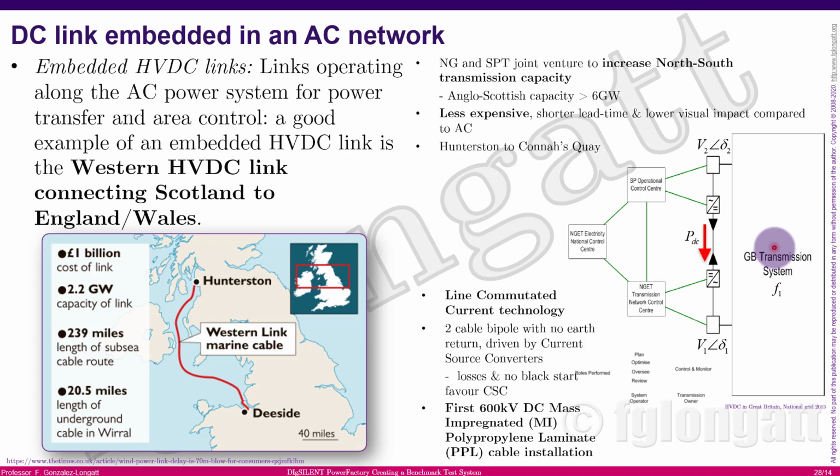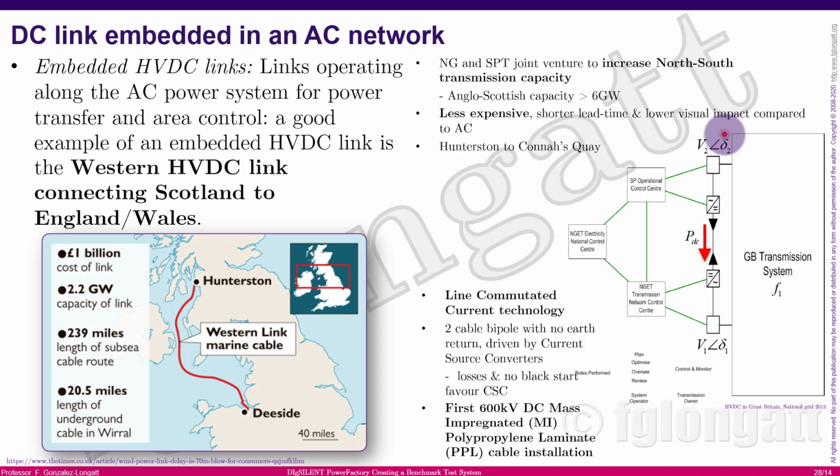This HVDC link is basically a line commutated converter. We are talking about the LCC technology that is moving the power using a very specific DC undersea cable between the Hunterston substation and the Deeside substation.